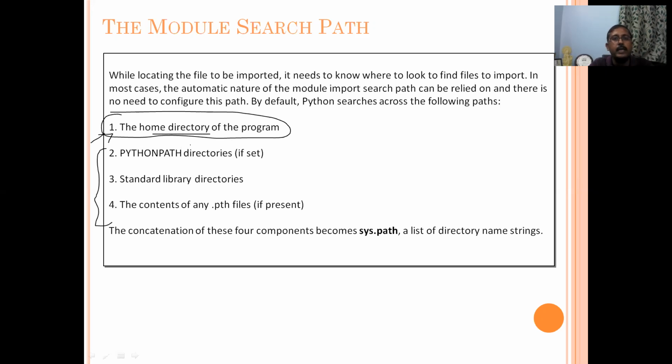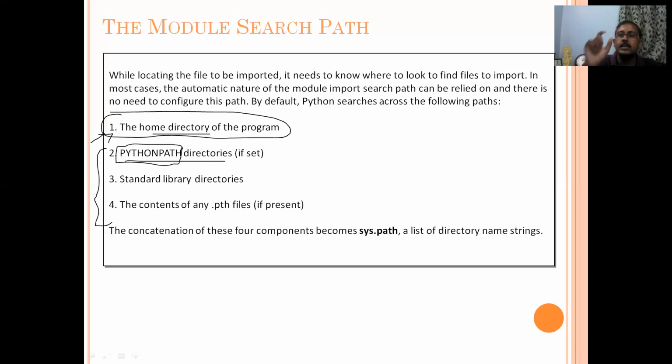Next, if it is not finding it in the home directory, then it is going to look at the directories provided as part of the PYTHONPATH environment variable. I'm sure you all know about environment variables, and we can set values for them. For PYTHONPATH, we can set a number of strings, each string representing a particular file path.